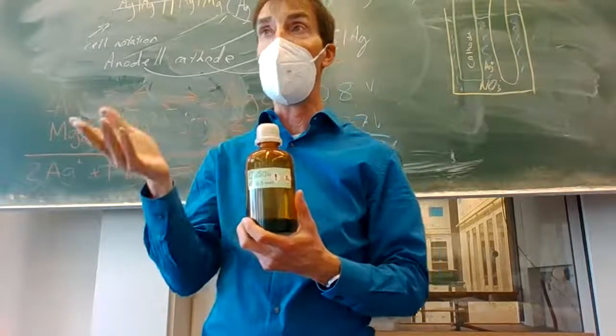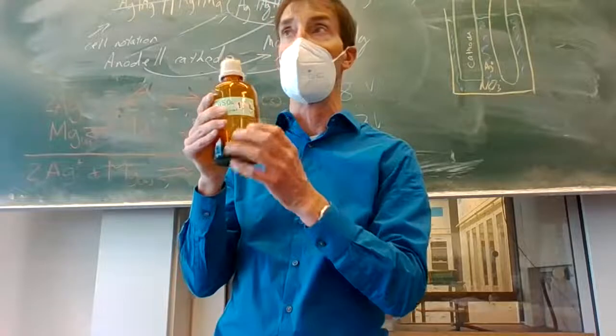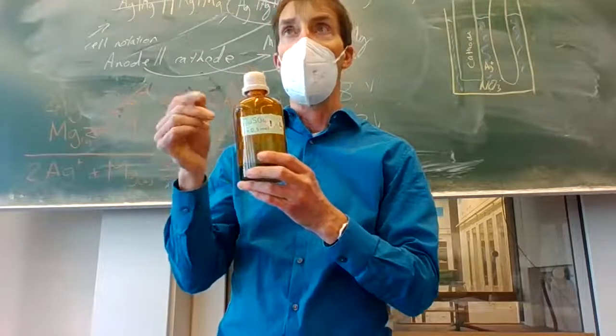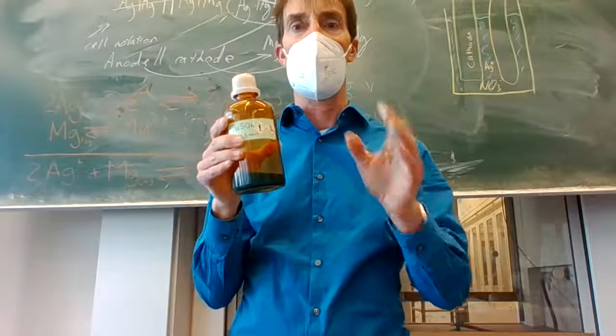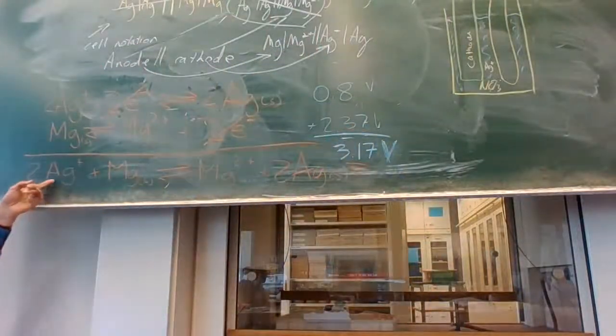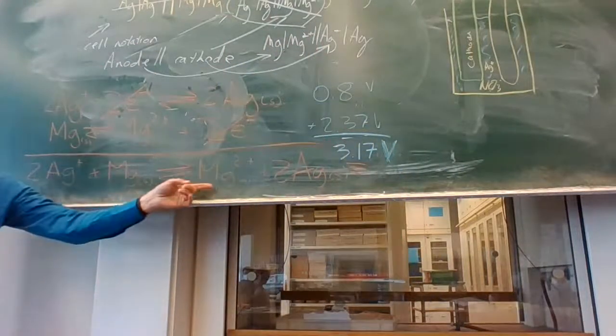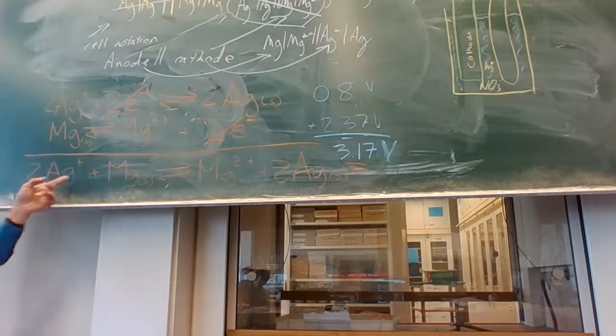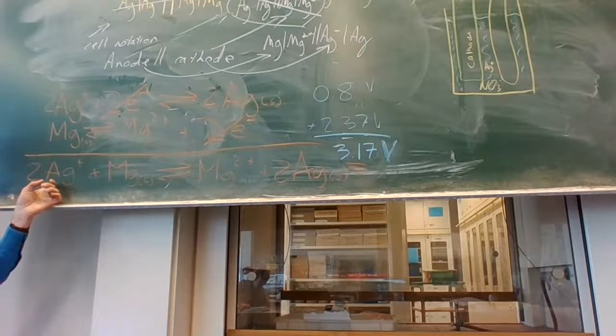Or if I want a higher voltage, I could do what with my solution strengths? Yeah, although you've got to be careful. Let's look at our reaction that you guys did here. Which one would I want to make more concentrated, the Ag2+ or the Mg2+, to increase the voltage? Can you guess?